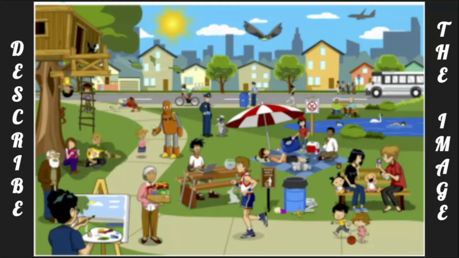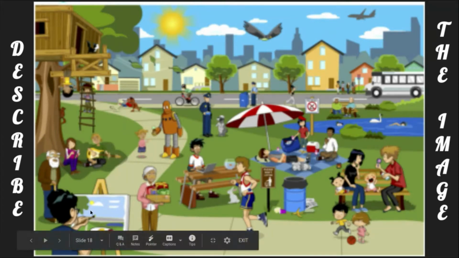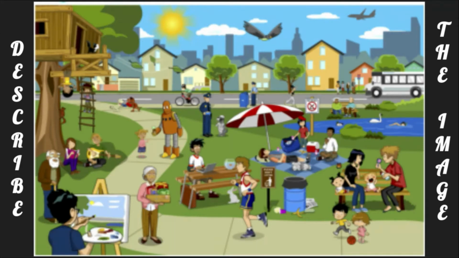Okay, so how about if we share something together, right? So let's go ahead and look at this lady right here. Yes, what is the lady doing? Oh, yeah, she is drawing, or in this case, painting the scene, right?